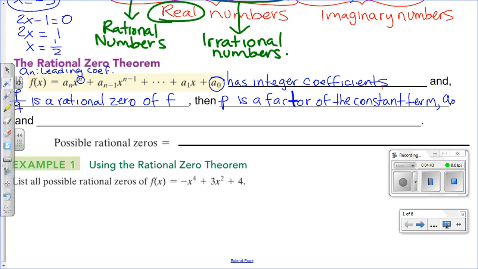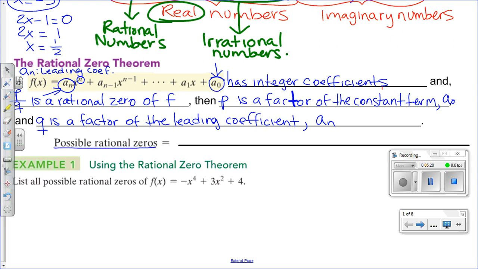Also, we have that q is a factor of the leading coefficient. And remember that one is represented by a sub n, the one here. So what we're going to do with this theorem is look at the factors of the constant term, look at the factors of the leading coefficient, and then make combinations, and that will tell us the possible rational zeros.